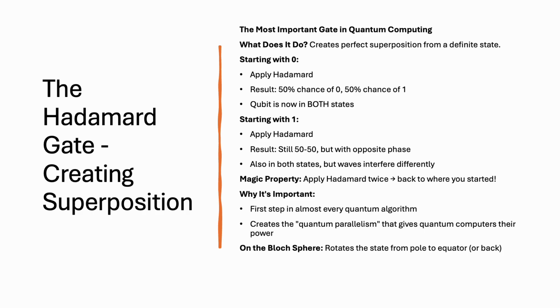By applying Hadamard gates to multiple qubits that start in 0, we can create a superposition of all possible bit strings at once. For example, applying Hadamard to 10 qubits creates a superposition of all 1024 possible 10-bit numbers simultaneously. This is the foundation of quantum computing's power.